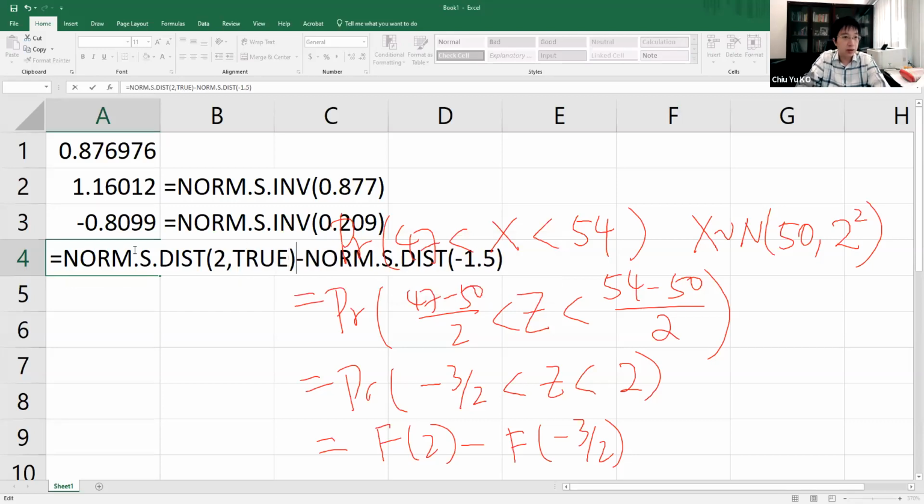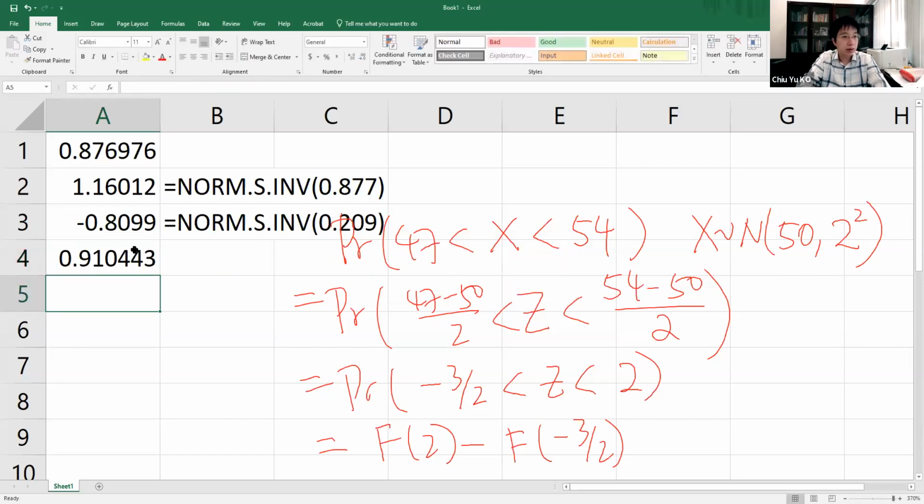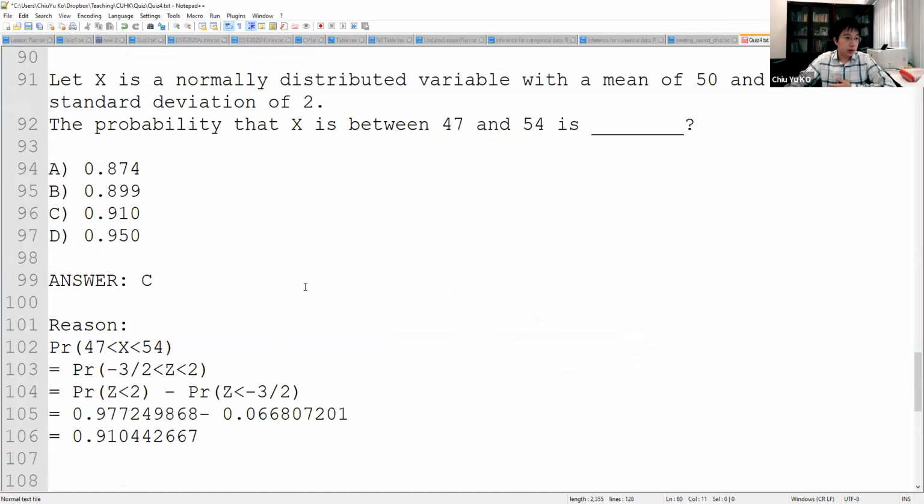This is Excel; if in Google Sheets, you don't need that. So it's 0.91, and it's 0.10. So that's why the answer is C, and it's 0.10.